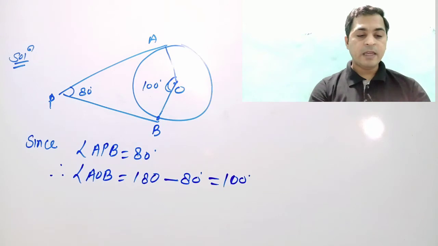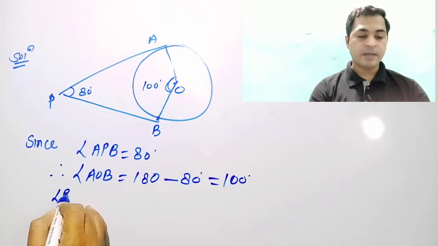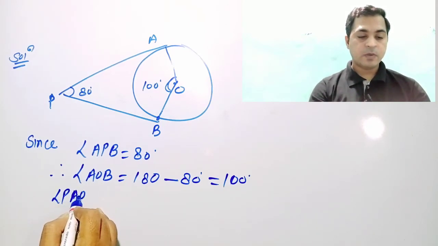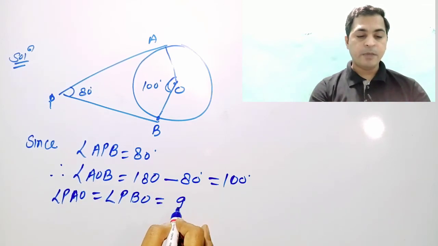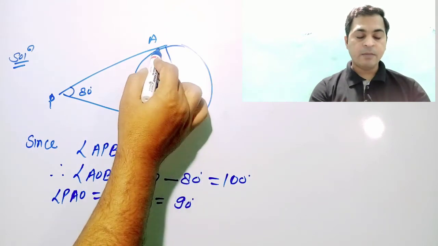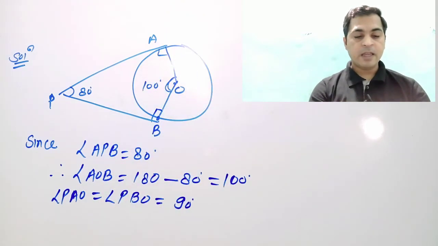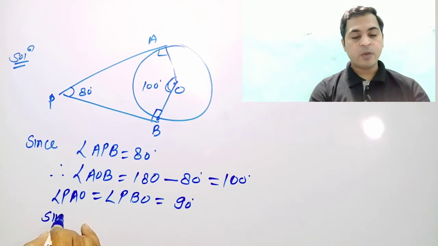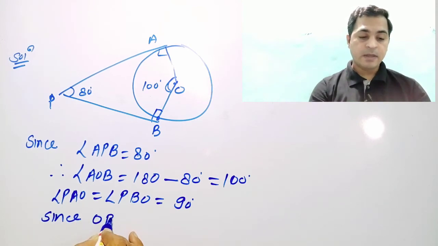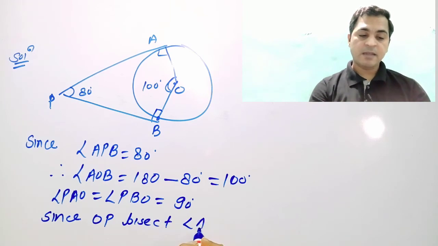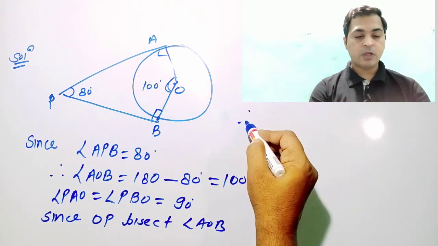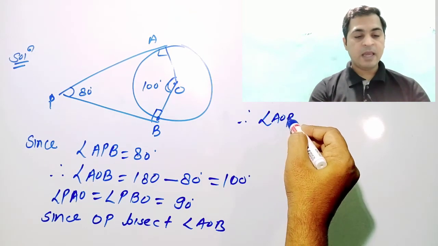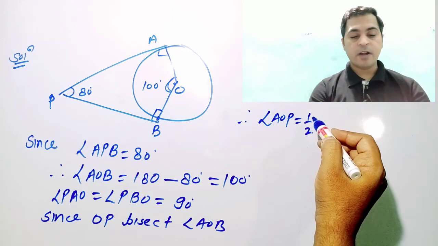So the radii are extended at 100 degree. Okay, students. So here angle PAO is equal to angle PBO, both 90 degree, because we know that radii are always perpendicular to the tangent. Since OP bisects angle AOB, if we draw OP, it will bisect angle AOB, so there will be half of 100 degree.